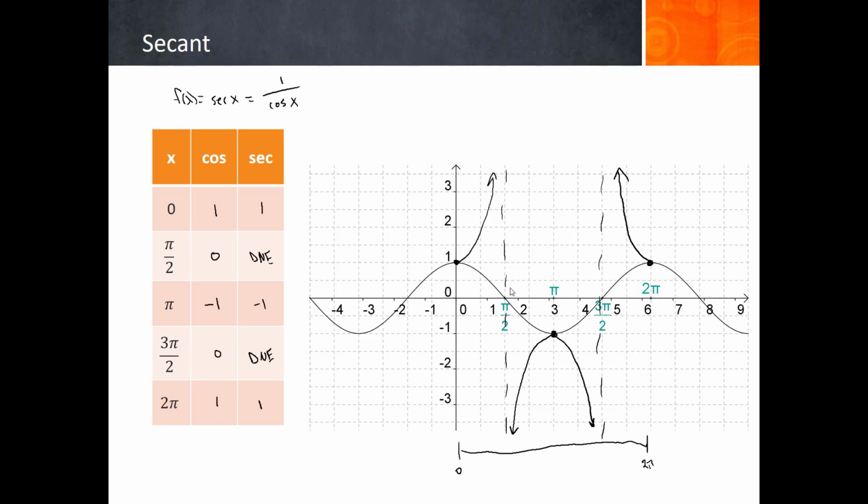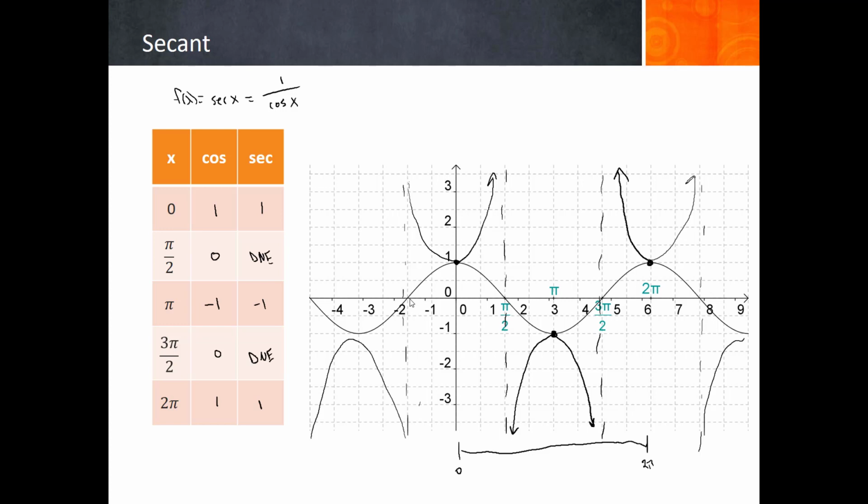So this is the 1 period graph for secant. And again, if we kept going here, this graph would curve upwards, and then you'd have 1 curving down, and then this graph continues up, and this one continues down.